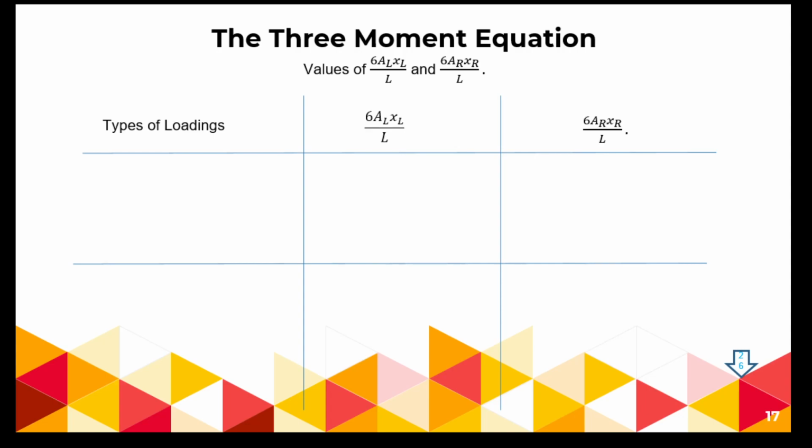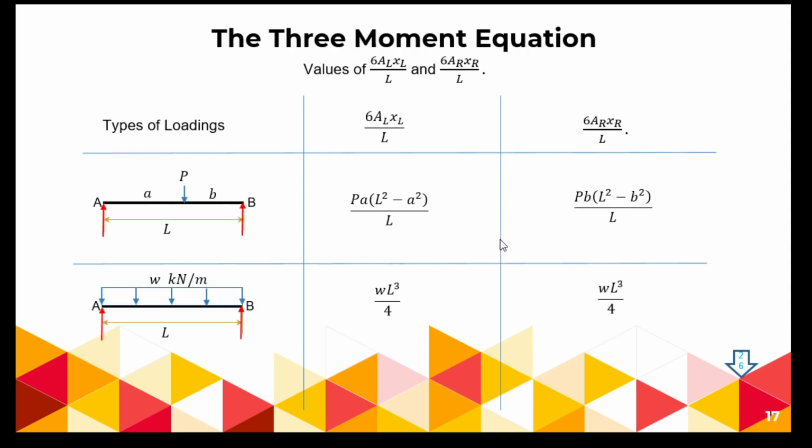So this is now the summary of formulas for the factors that you are going to use. If you are analyzing the right portion, then we have this formula. The right section, amo naman ni. So for this type of loading condition, ang value ko na ang isang factor is given by this expression. Ang sa right naman, this is given by this. For the uniformly distributed load, we have WL cube over 4.